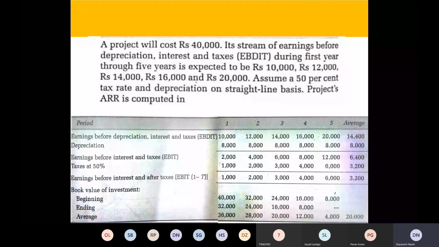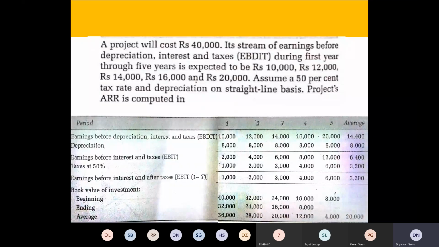Depreciation on straight line basis means the rate at which you are depreciating every year will remain the same. But this is not the correct way of depreciation. For example, if you purchase a car worth 5 lakh rupees, will the value decrease uniformly over the next 5 years? Obviously not. It will decrease more in the initial years, or in other ways, in the initial years it will not face much of the maintenance issues.